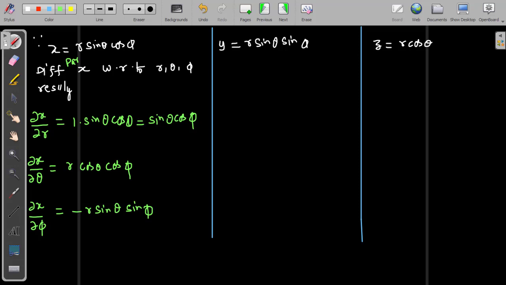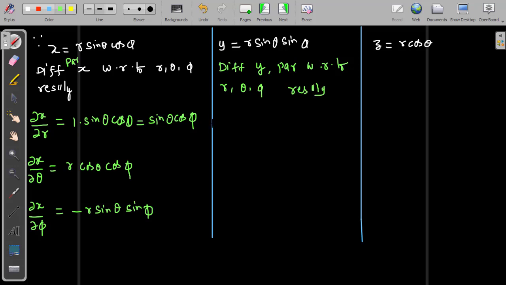Similar pattern here also: differentiate y partially with respect to r, theta, phi respectively.